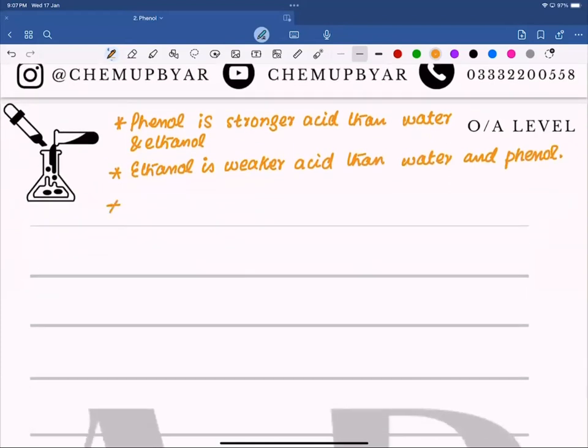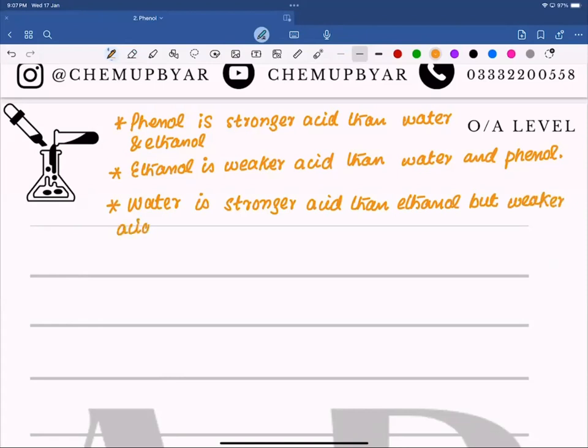If I give a statement in context of water, I can write that water is a stronger acid than ethanol, but a weaker acid than phenol. Is this understandable to all of you?